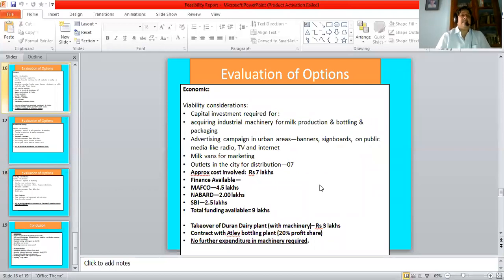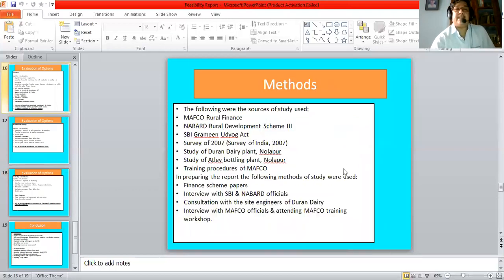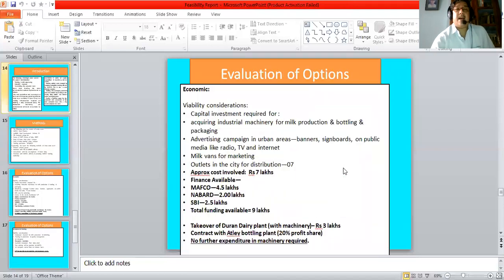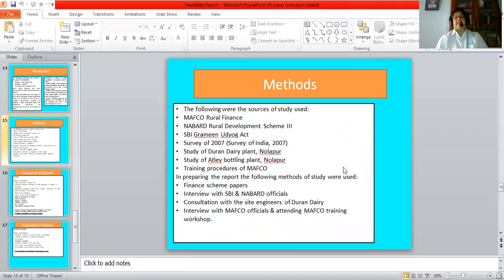Okay. Now, after this, what we come to are the methods and sources for this study. The following were the sources of study used. I'm reading out again from the case study. NAFCO Rural Finance, NABARD Rural Development Scheme 3, and the SBI Gramin Udyog Act.